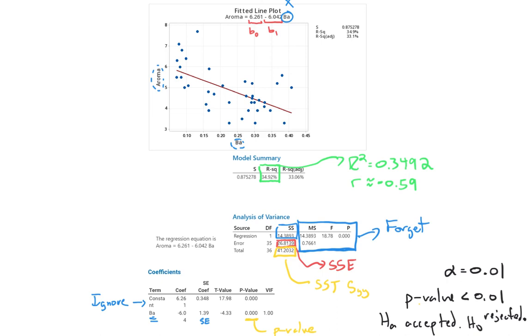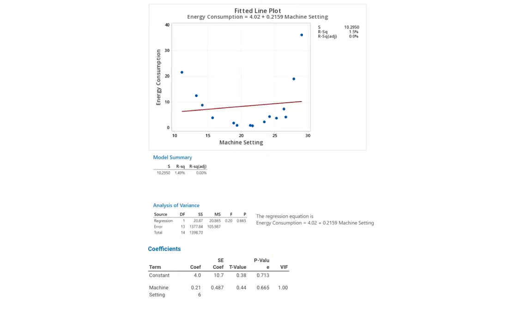Let's look at one more example. So here's an engineering example. It's kind of vague, but there's a dial on some machine, and it measures the energy consumption of that machine. And let's, for now, run this regression blindly.